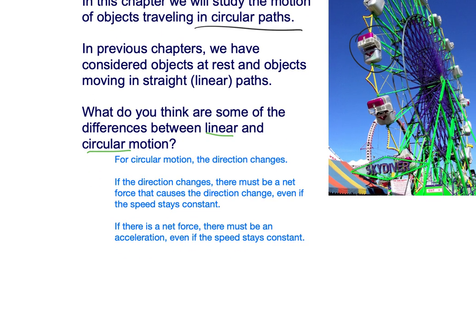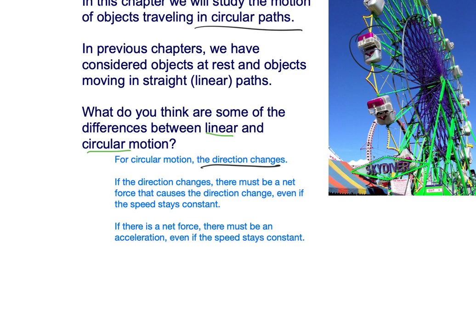For circular motion, the direction is always changing, obviously. If you look out your windshield when you're driving your car around a circle, the view keeps on changing. So even if you're going a constant speed around that circle, your velocity is changing because your direction is changing.